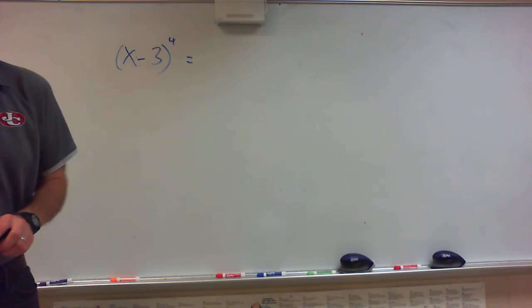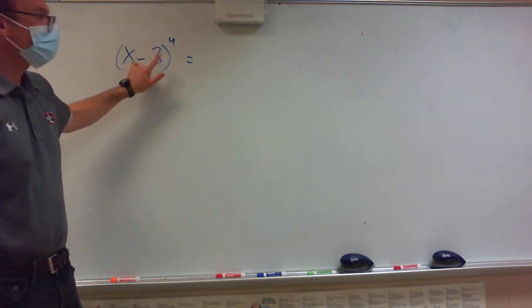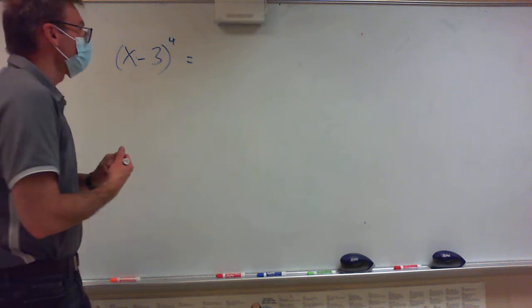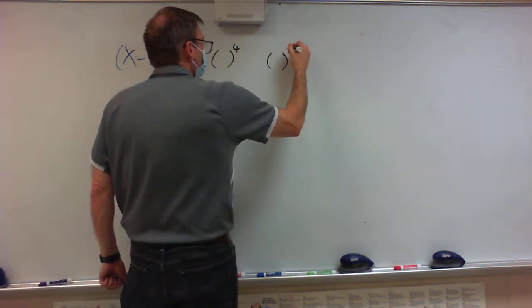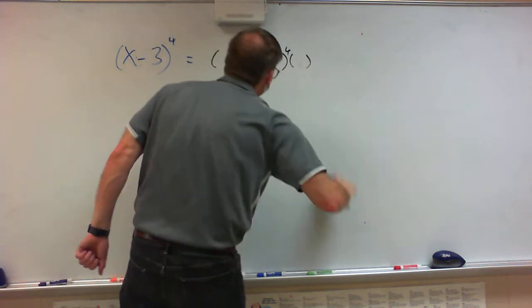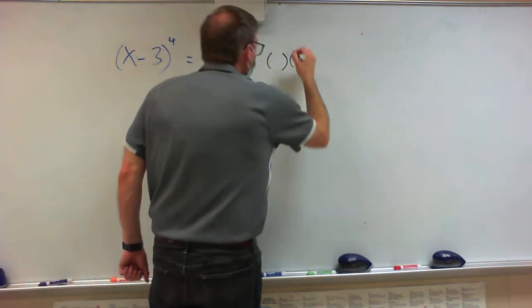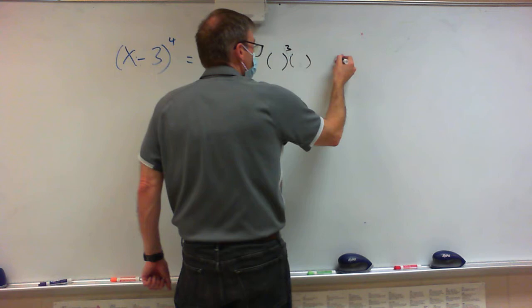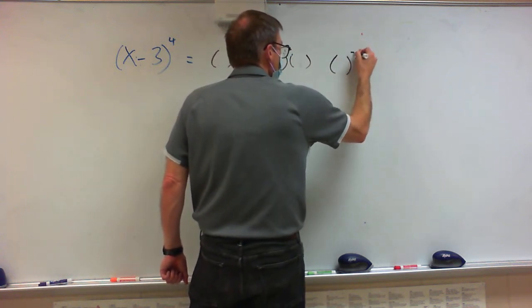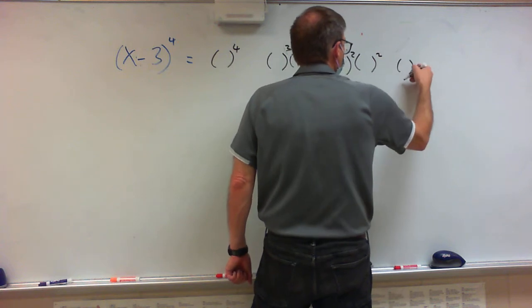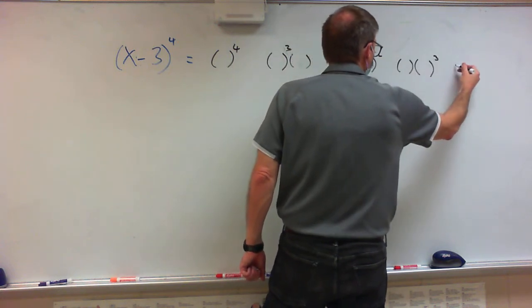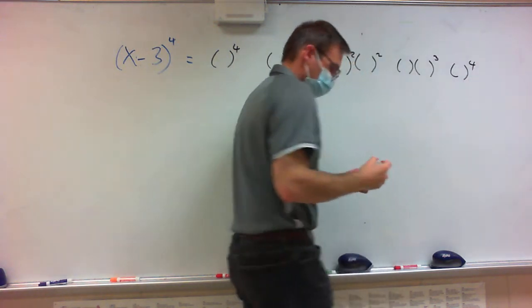So, step 1. Do you see I have 2 things raised to the 4th power? So what I want you to do is, we got 1 thing to the 4th, then this is to the 4th, this is to the 3rd, that's to the 1st. Then I get something squared, something to the 1st, something cubed, and then something to the 4th.